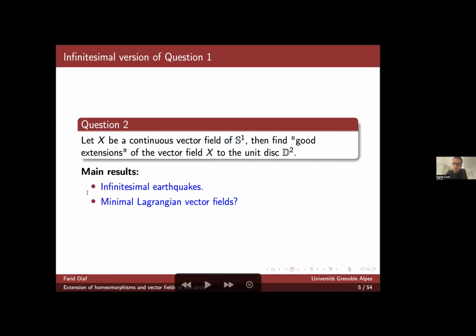Okay, and as we will see in this talk, the main result is on the infinitesimal earthquake and a class of vector fields, which we call minimal Lagrangian. So the goal of this talk is not to convince you that these vector fields are important, but the approach that we use to prove it, I think that it is nice.